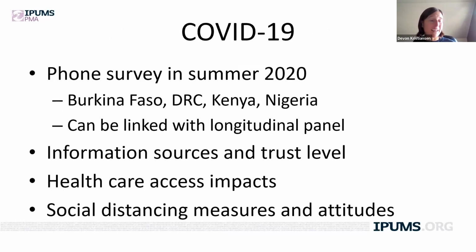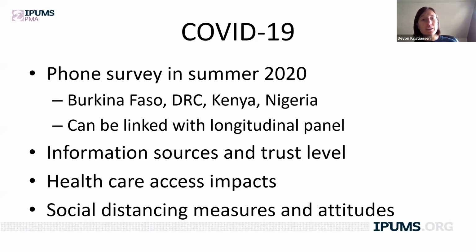And one thing about PMA is that they are rapid, they are nimble. They really quickly put together a phone survey after the emergence of COVID-19 to react to the fears that COVID restrictions may be preventing women from accessing health care. So it was right after the longitudinal panel had begun.